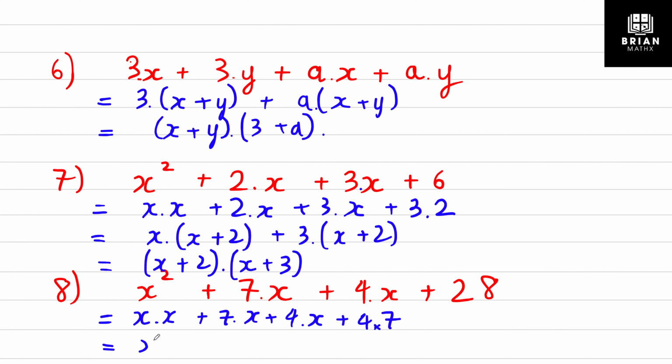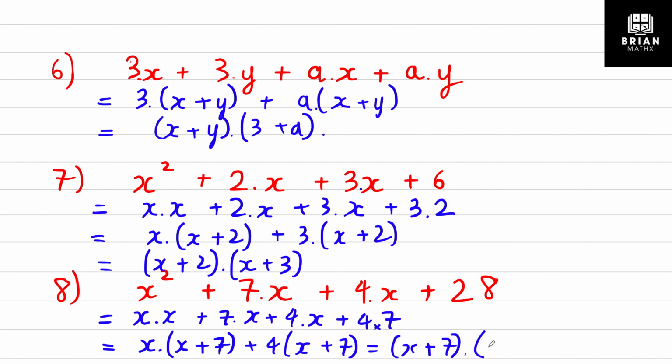Okay, so take x outside, the first two terms x plus 7, and the last two terms 4 times 7. Okay, very easy. Take 4 outside, x plus 7 in this one, and you've got x plus 7 as a new common factor, and the second bracket is x plus 4.